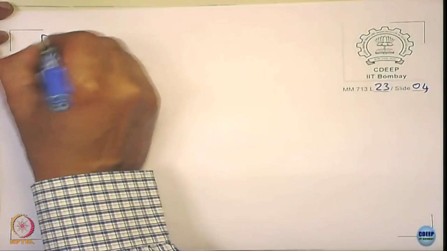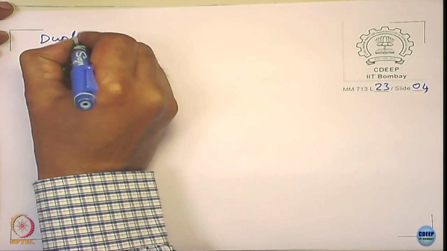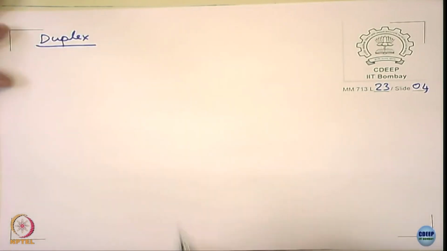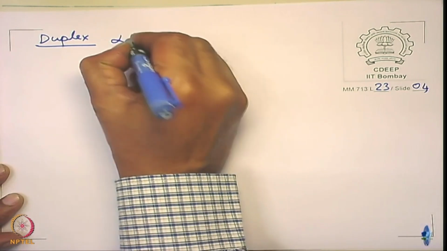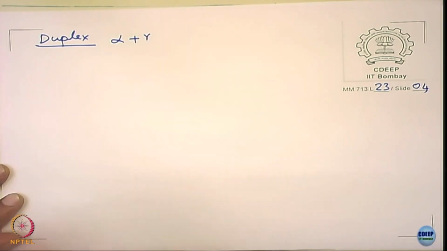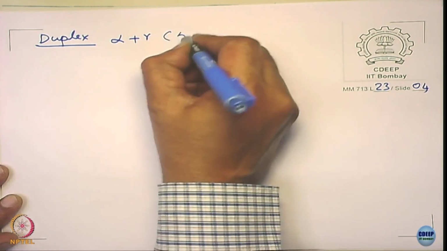Any other question? Let us get into the next class of stainless steel, duplex stainless steel. The duplex grade, when we talk about, we say it is a mixture of alpha and gamma, 50 volume percent each.